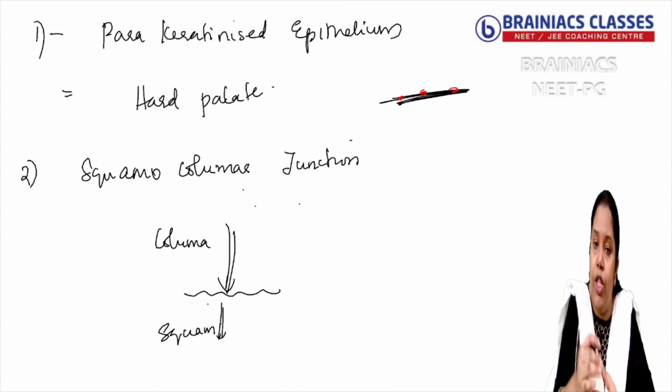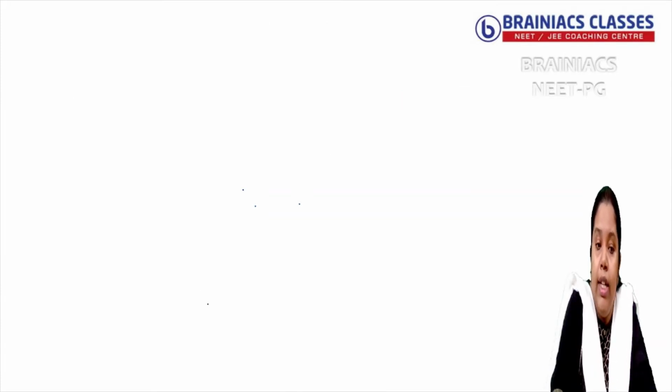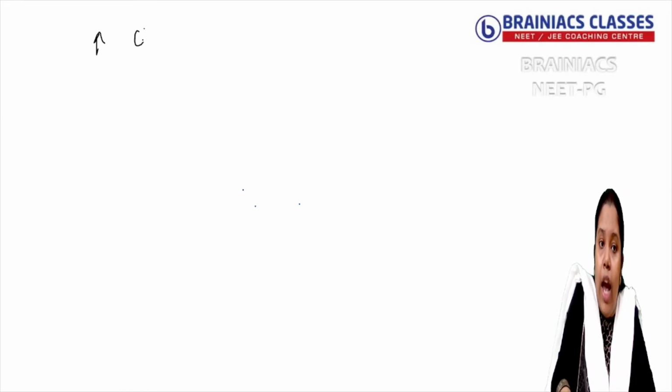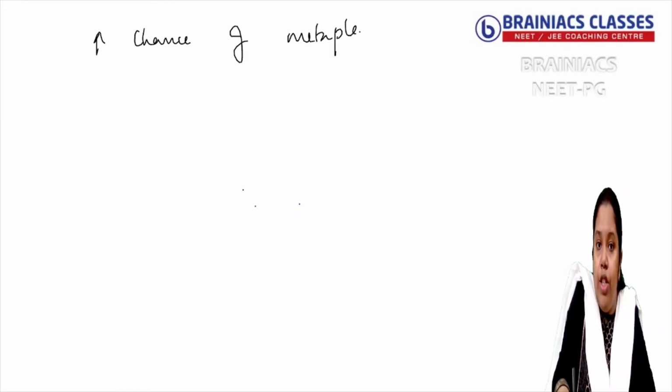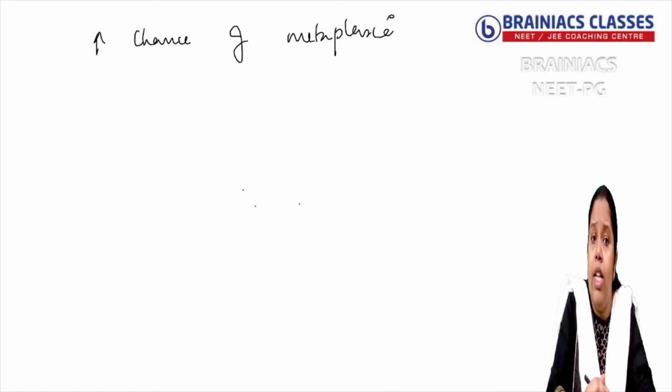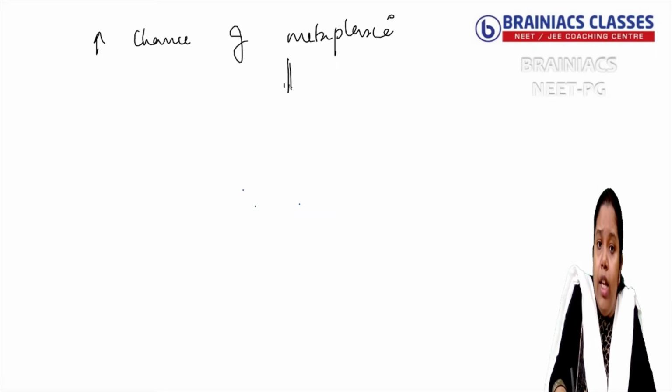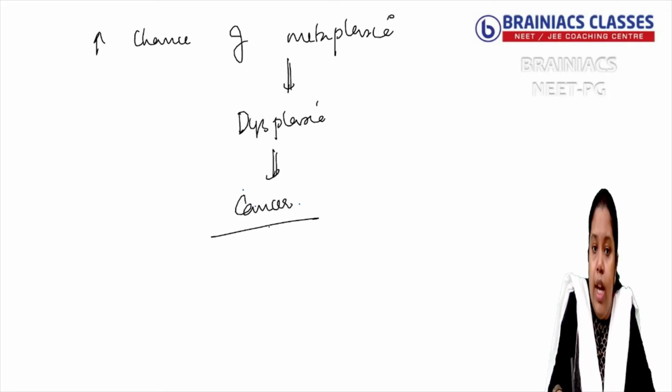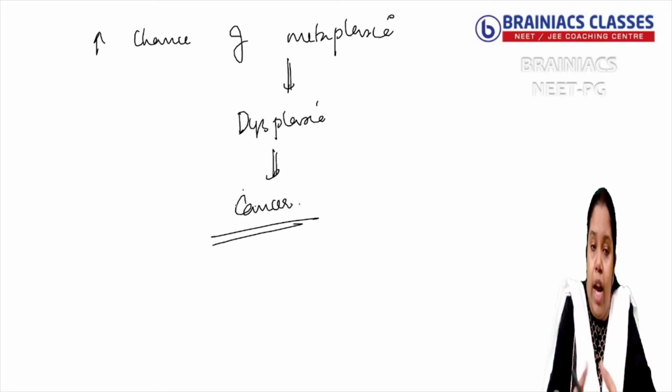What is the specialty of this junction? There are increased chances of metaplasia at this junction, because it is a transitional stage. Increased chance of metaplasia can lead to dysplasias and can lead to cancer. That is about this increased chance of cancer development.